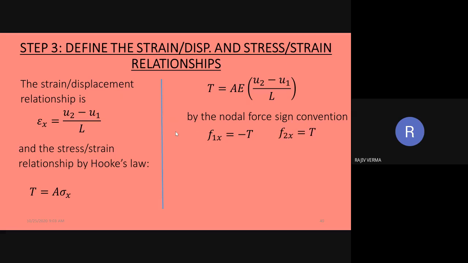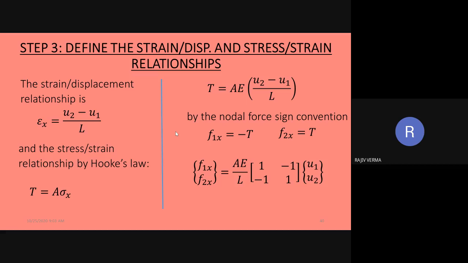And similarly, force acting at node number 2 happens to be equal to T. So this gives us two equations which you can represent in a matrix form, and a common parameter AE by L has been kept outside, which basically represents the stiffness of the bar.